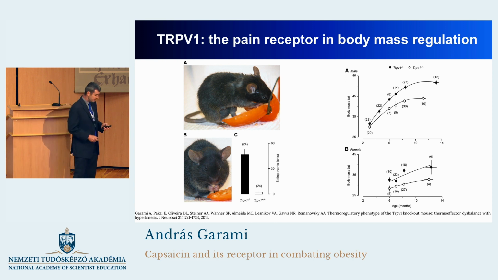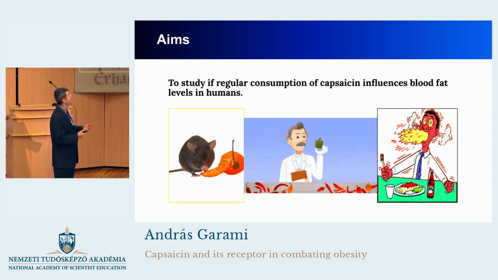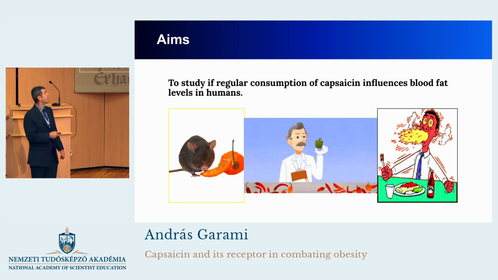And these animal findings took us to the continuation of the work, which was also the aim of the awarded paper, in which we wanted to see if the regular consumption of a capsaicin diet could influence the blood fat levels also in humans.